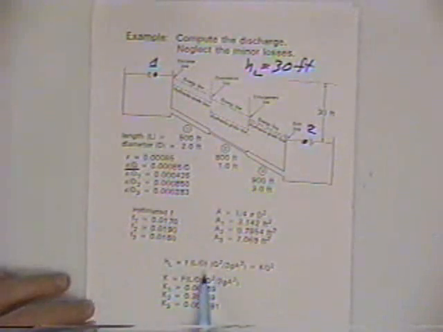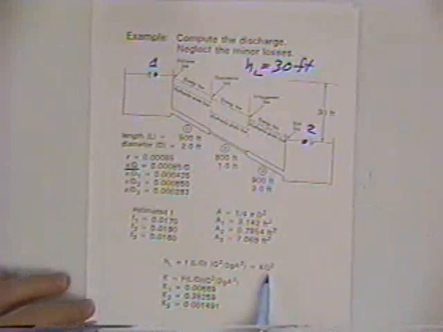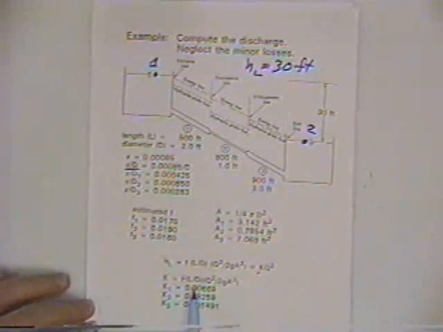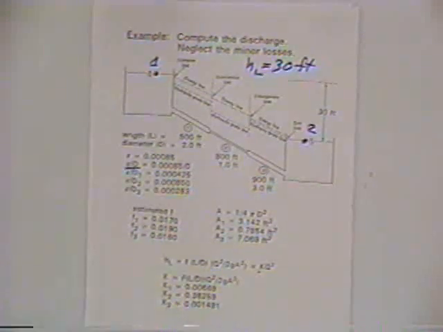Here's the Darcy-Weisbach equation again, and to simplify things, we've reduced it down to K times Q squared, as we just talked about. Given the diameters, lengths and friction factors for the pipes, we can compute the three Ks.